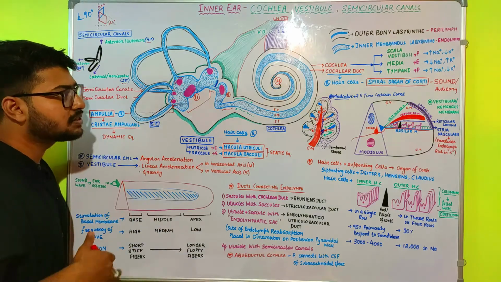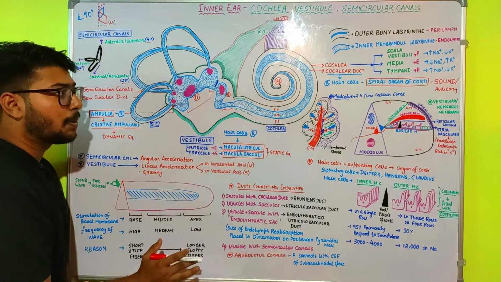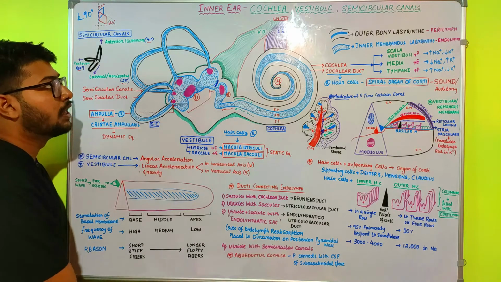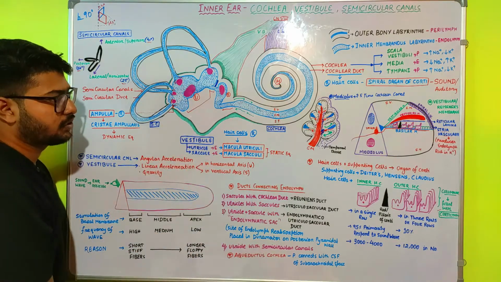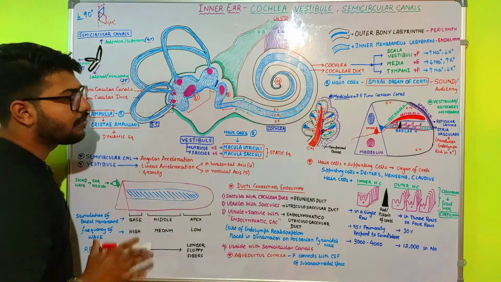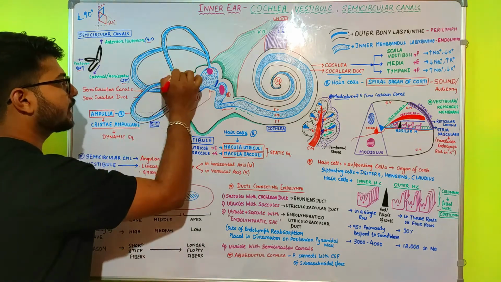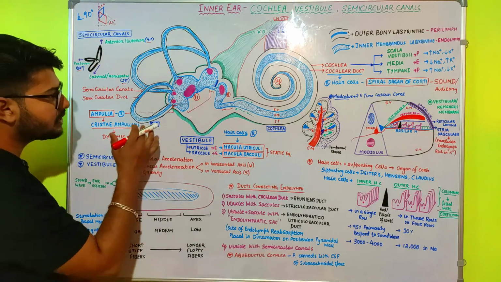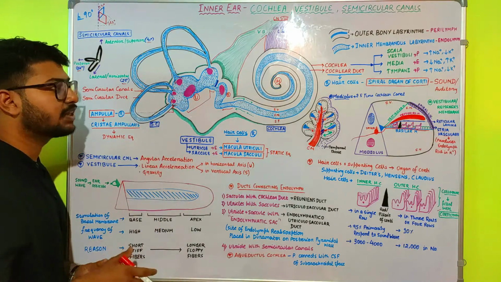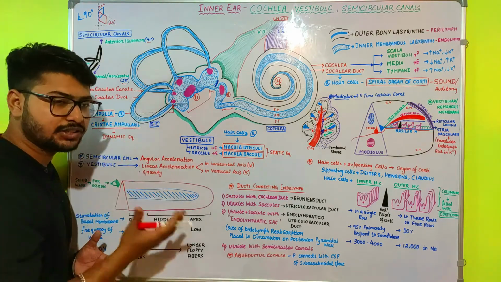Next, let's read about the parts of the vestibular system first. What are the parts of the vestibular system? Here you can see the 3 semicircular canals, and as you can see, these 3 semicircular canals have different axes of direction.